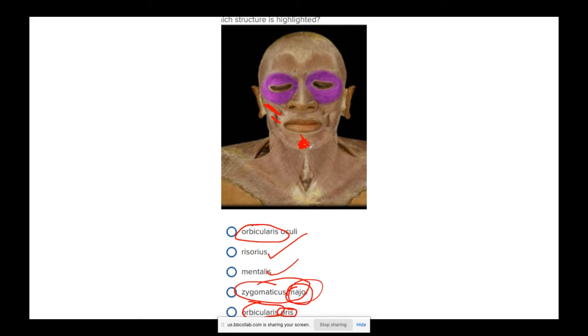Oris means oral. This would be orbicularis oris, the muscle going around the lips, which means that this would have to be orbicularis oculi, and oculi for ocular, right, for the eyes. The orbicularis oculi also helps you blink. It helps your eyelids close to blink.